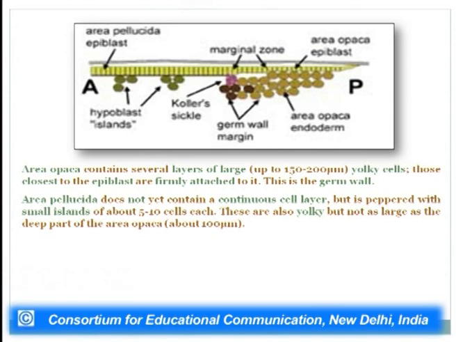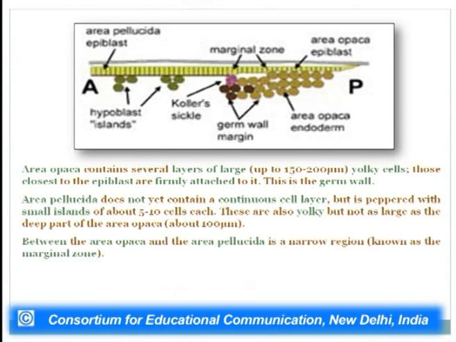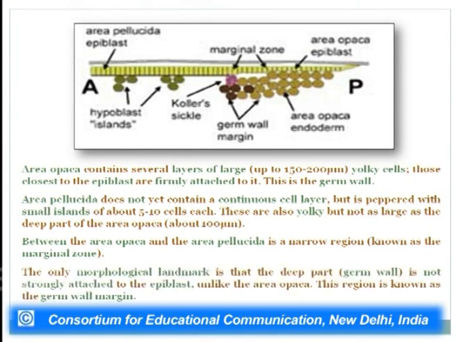In between the area pellucida and area opaca, there is a marginal zone where again there are certain loose cells. They are multi-layered but a little looser than what is found in the area opaca. In the area opaca, they are very adhered to the epiblast, but in the marginal zone they are loosely adhered and not completely adhered. So, between the area opaca and area pellucida is a narrow region known as the marginal zone.